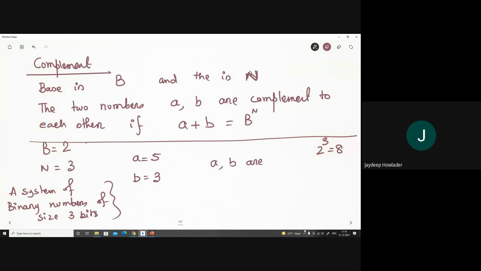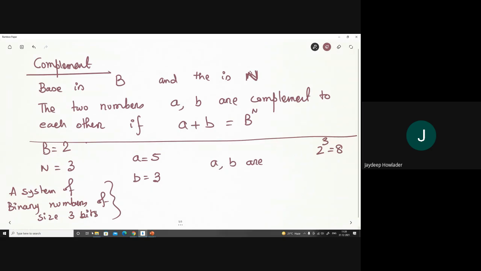I am considering that my numbers are within a size of 3. If the size of the number is greater than 3, then we are not considering it. We are considering a finite set of elements that can be represented in a 3-bit size.